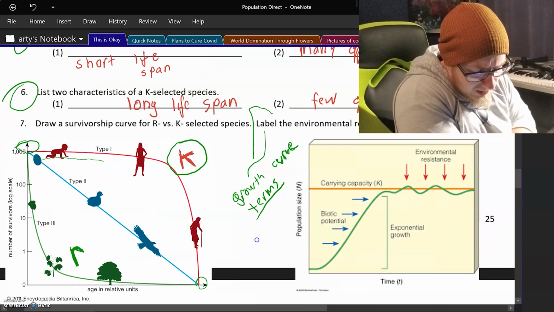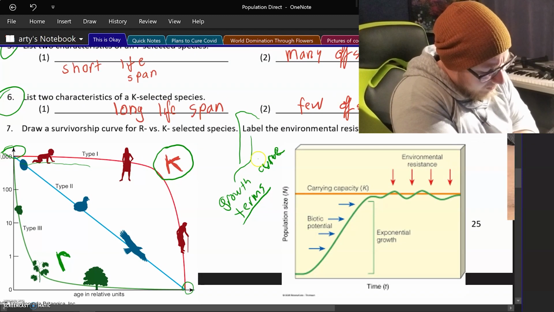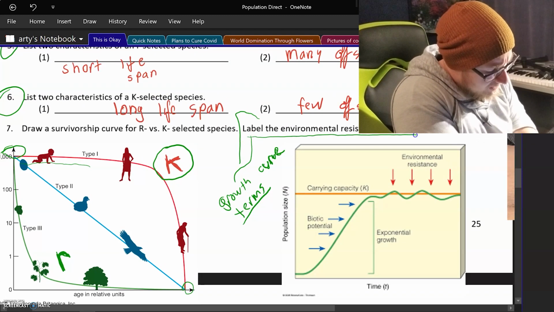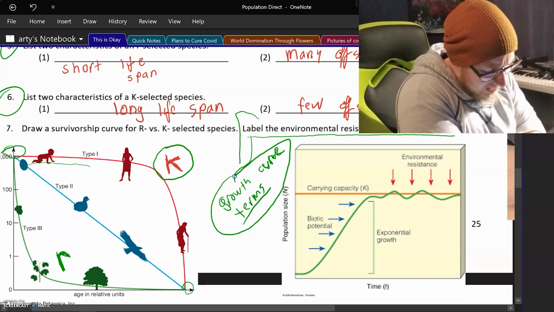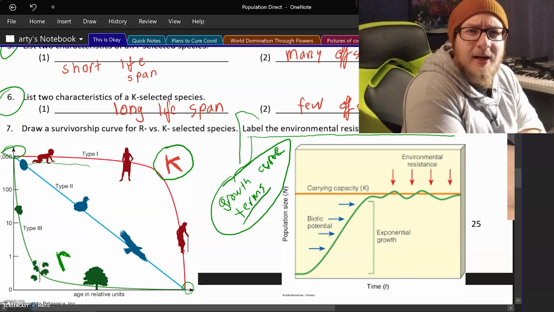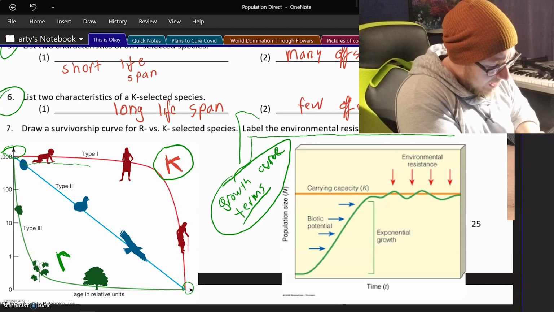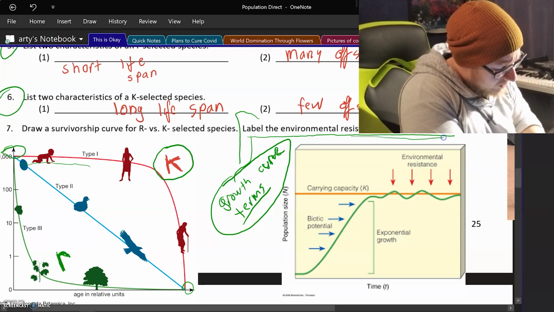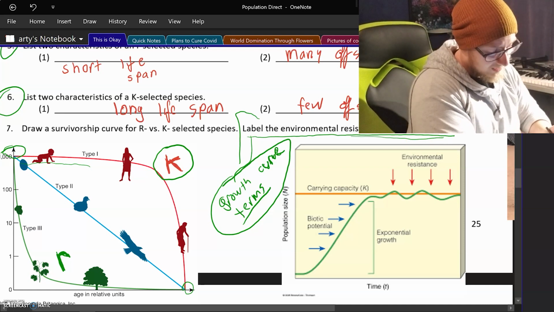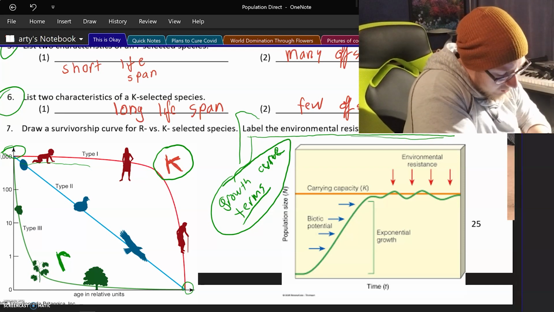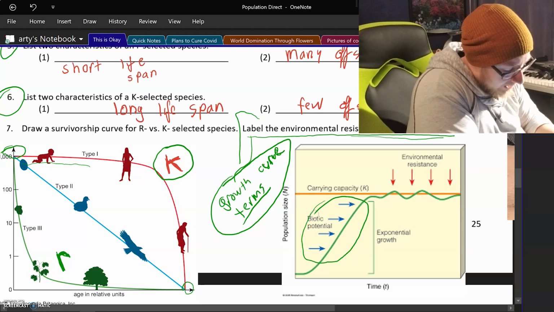What kind of confused me here is I missed this when I was putting things together. It asks you to label the environmental resistance and biotic potential. Those are terms for growth curves, not survivorship curves. Survivorship curves show you how many of a species survive over time. Environmental resistance and biotic potential look at growth rates, which look at how quickly a population grows over time. Biotic potential is the part where a population is growing at its fastest possible rate.